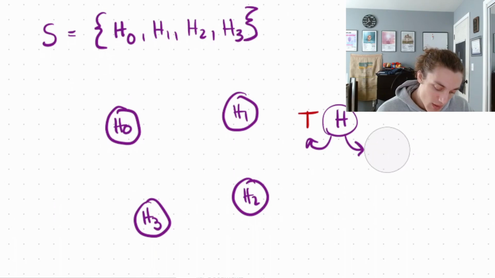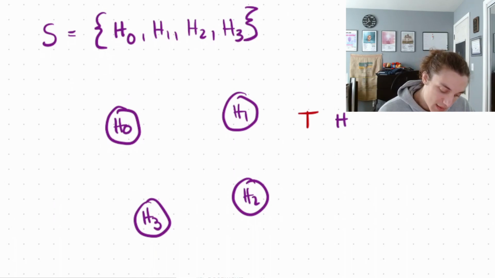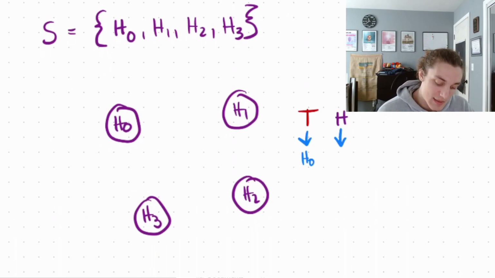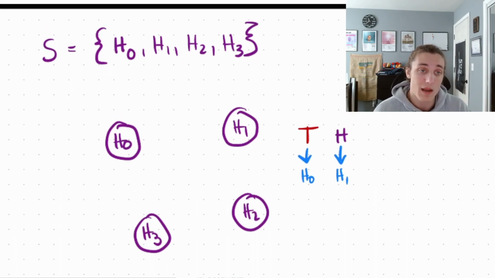So what would these 2 states be? If I threw a tails, then the state would have been H0. We don't have a chain. If the next toss was a heads, then we would be in state 1. And this is how we can go ahead and model this process.